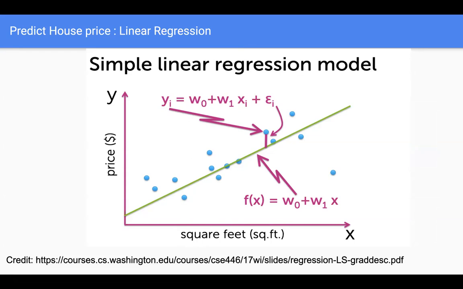So this would look like a function f of x, which is w0 plus w1 times x, right? And epsilon i over here is basically telling that there is some error. If we are trying to construct a line which spans across all these points, then we also have to consider this epsilon i, which is an error function.